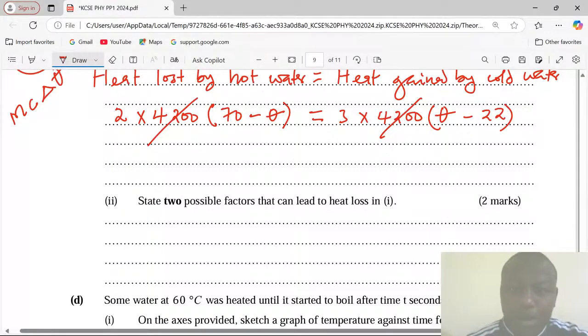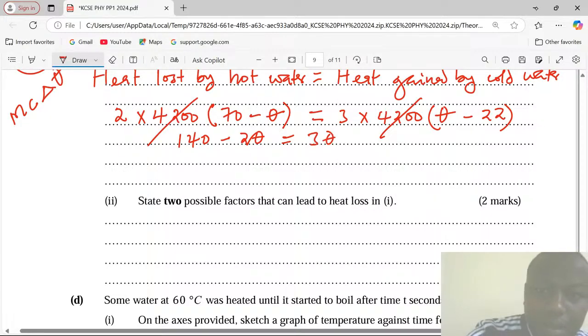Then we remain with 2 by 70, that is 140 minus 2 theta, equivalent to 3 theta minus 66.